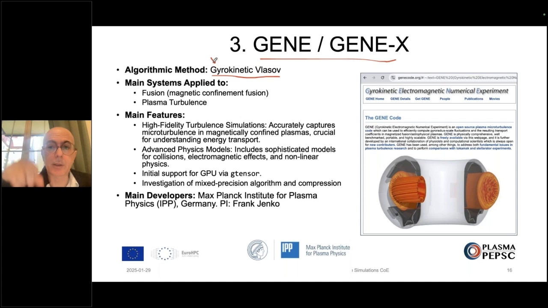It means that instead of following all the rotation of the electrons, we can just follow the center of the rotation. So we remove this high frequency from the system by just averaging around this rotation, but it has all the other similarities to the other code in the sense that it's still kinetic, so it still has the same challenges as the other code.